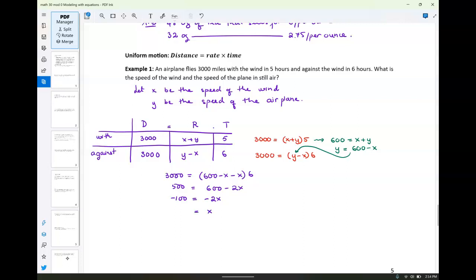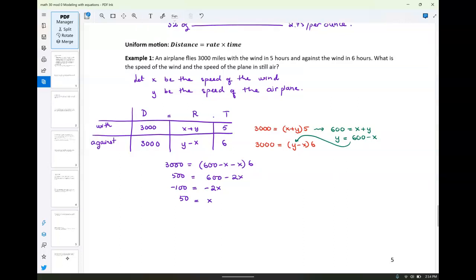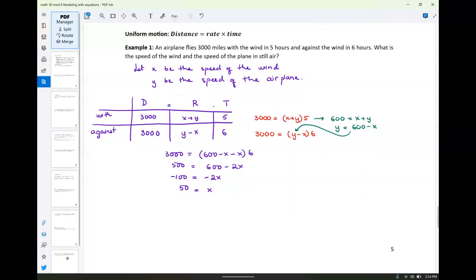So x here is equal to 50. So here I have the speed of the wind: x equals 50 miles per hour.